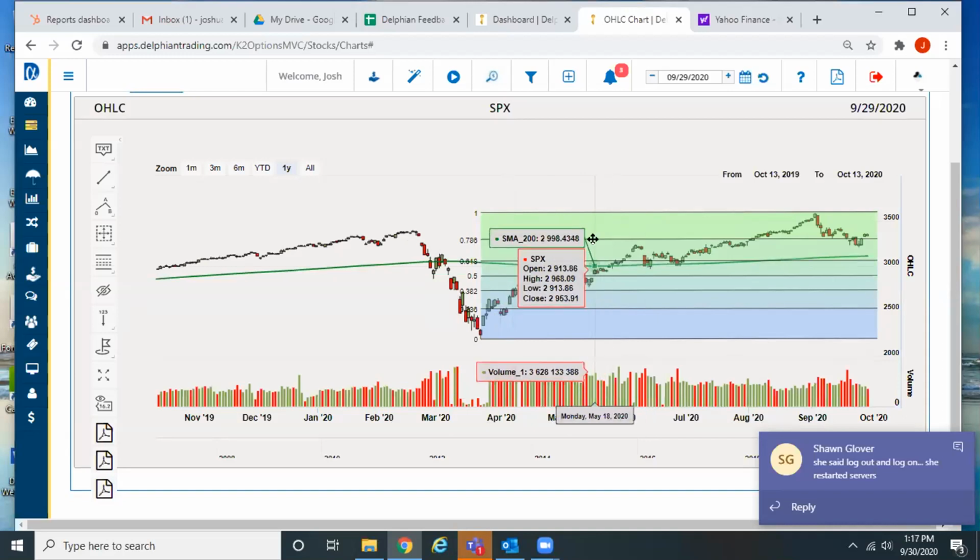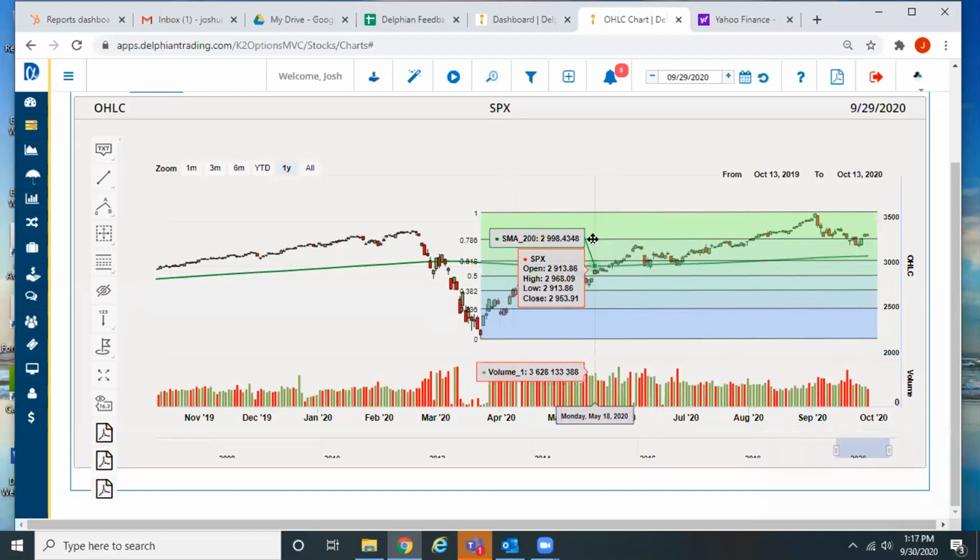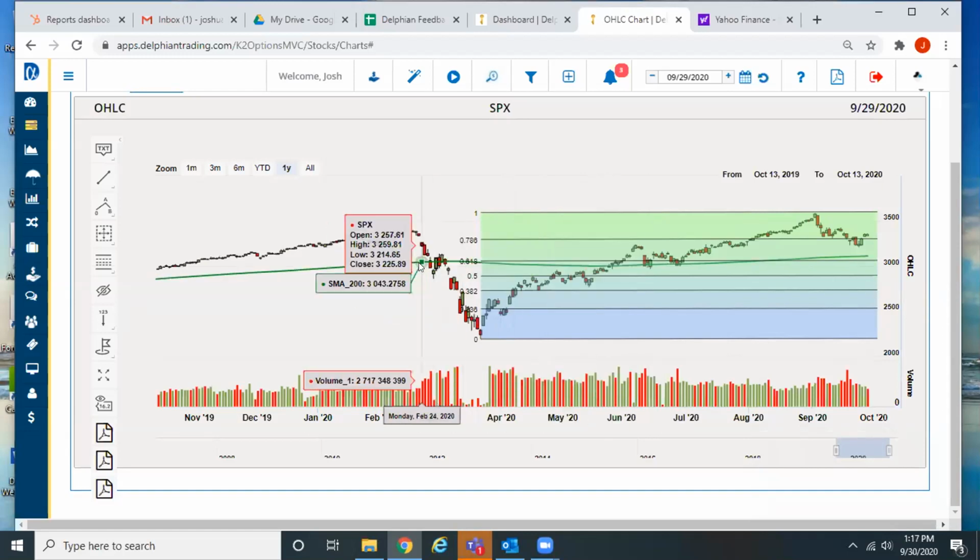So it's just the time frame. The 200 is kind of the max that people look at, a very long-term support level. So when that gets broken, it could get pretty ugly.